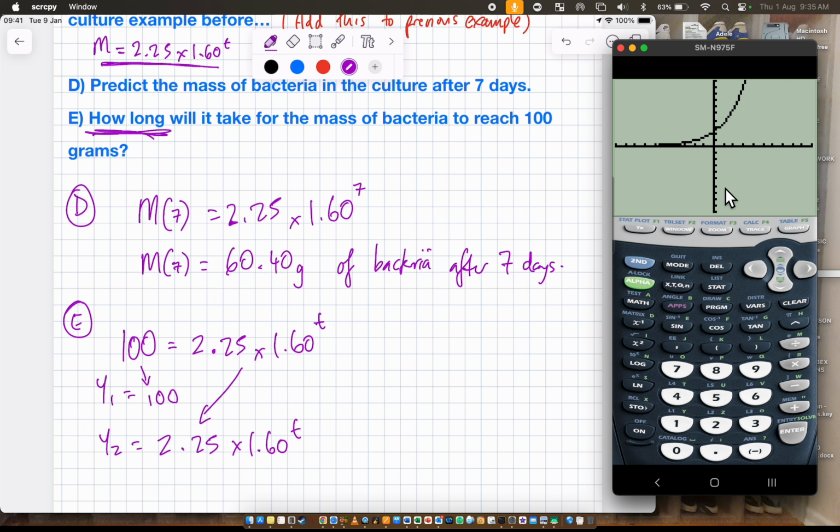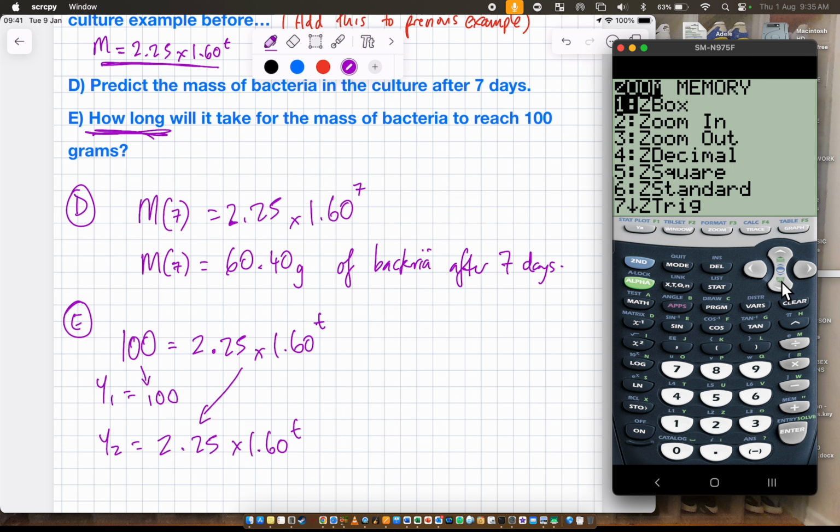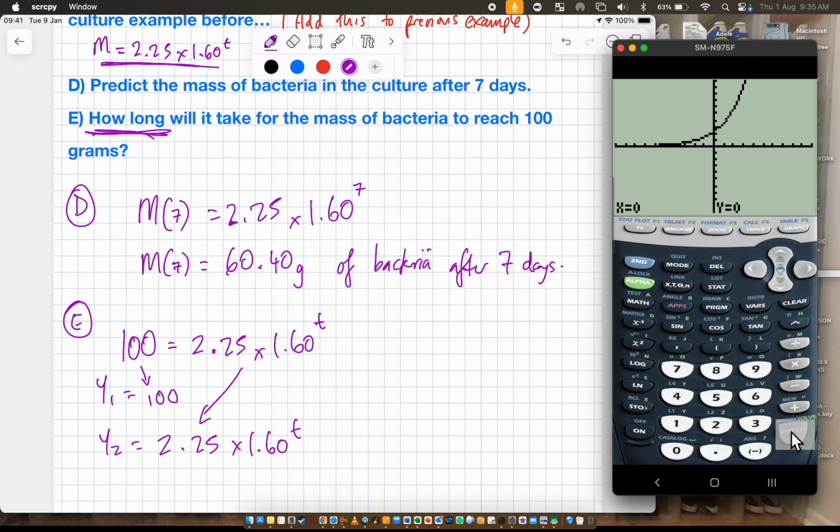So what do I do now? Zoom out until I can see the crossover. If you've got the newer calculators, I don't think you need to zoom out all the way, but this is just safer. Zoom out. I don't see the horizontal line yet. Zoom out. Is the crossover on the screen at some point? I just can't see it properly because the resolution's poor.